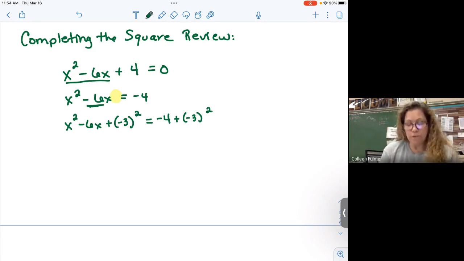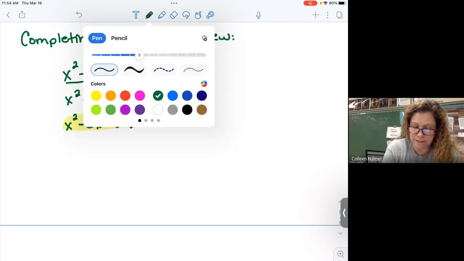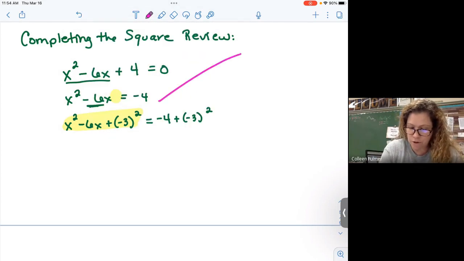Okay, so now what that does is it gives me what's called a perfect square trinomial right here. Now, you don't have to do this next part, but I'm going to show you why this is nice to have. If I were to multiply this out, I get x squared, minus 6x, negative 3 squared is 9.